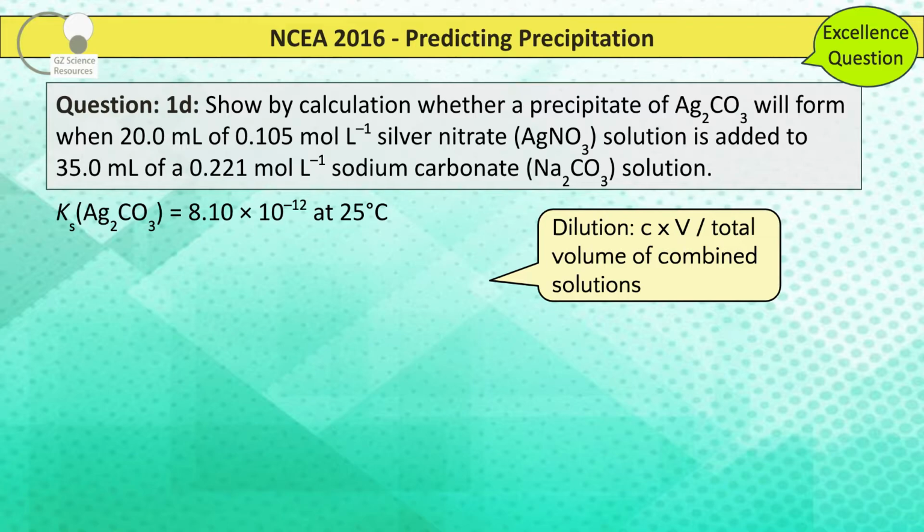And we're going to divide by the total volume of the combined solution. So 20 plus 35, 0.055 liters. Cool. And we do that math, and we'll get the diluted concentration of silver in the combined solution. And we repeat that formula with carbonate ions. So C times V once again divided by the same total volume.